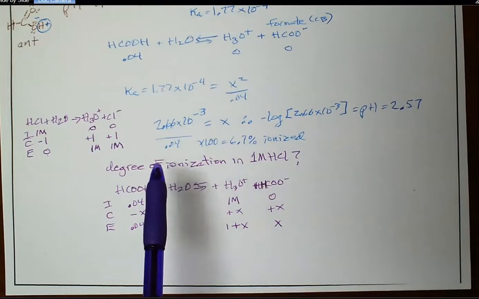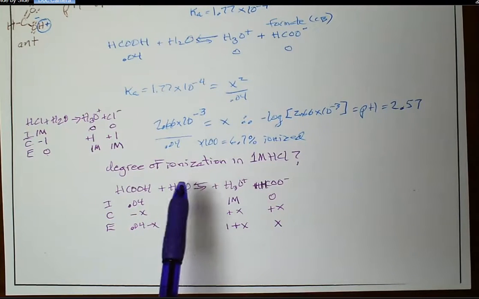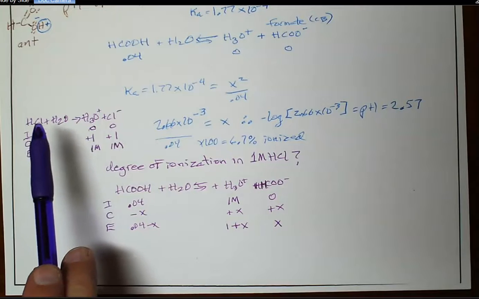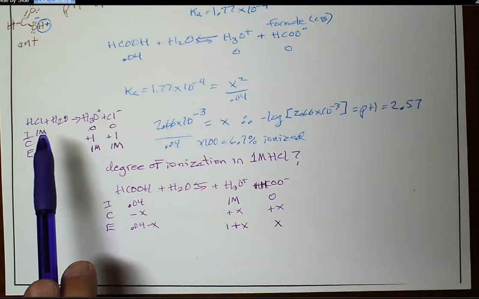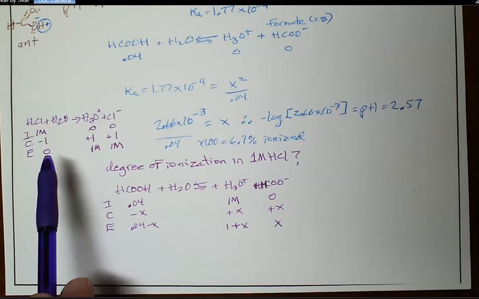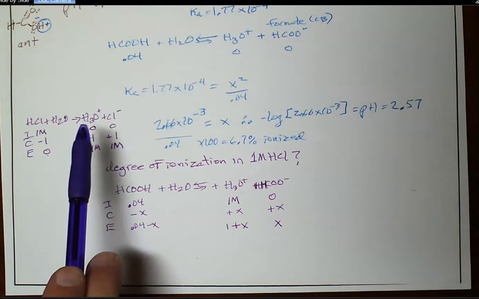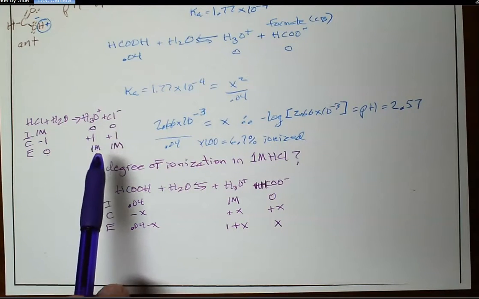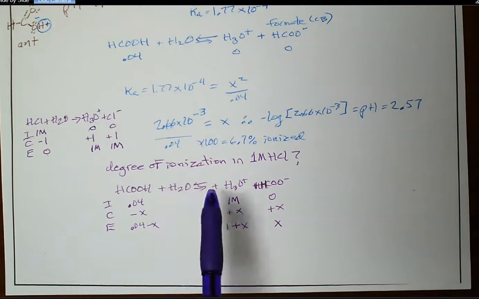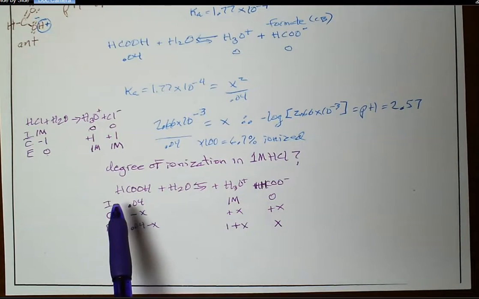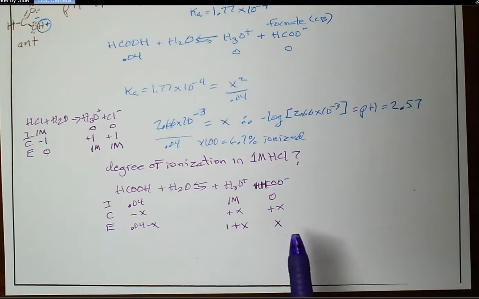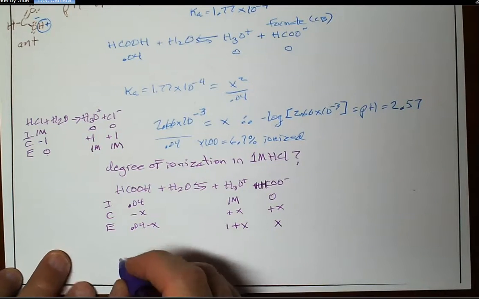Down here, though, we're putting it into not just water, but water that has hydrochloric acid already in it. And the hydrochloric acid is 1 molar. And it ionizes completely so that there's none left. And that means that there's 1 molar hydronium produced. So there's 1 molar hydronium in there already. Initially, there's already 1 molar hydronium. So let's see what that does to our calculations.